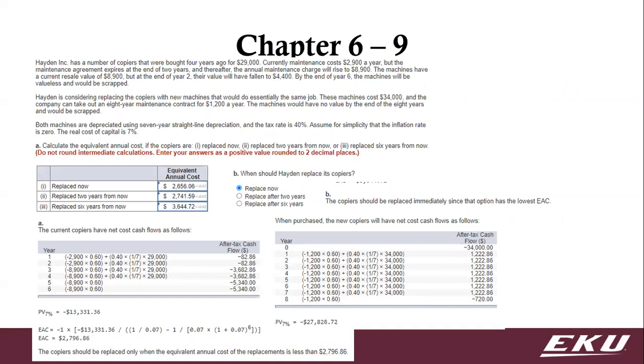But you see the spreadsheet showing A and B, those cash flows, what the after-tax cash flow is, right? Because we're using the depreciation and we have a tax shield associated with that.